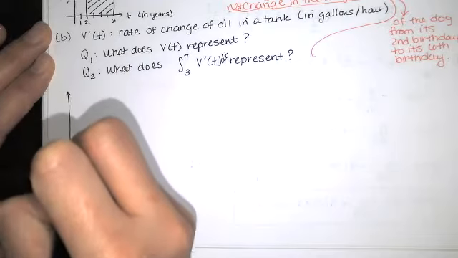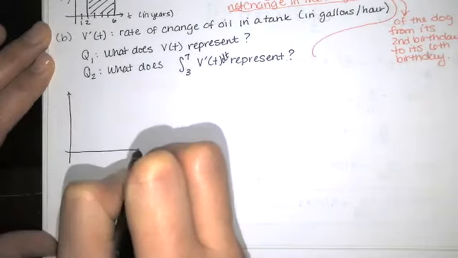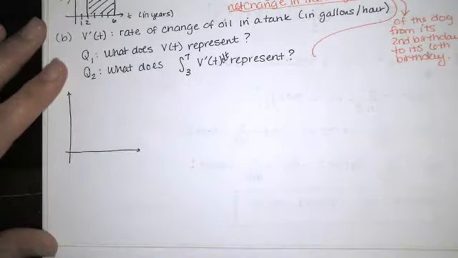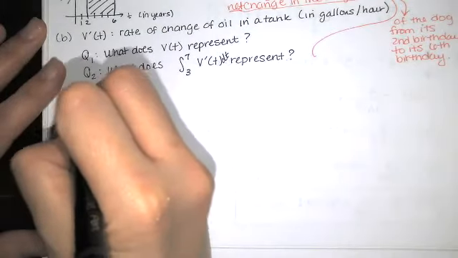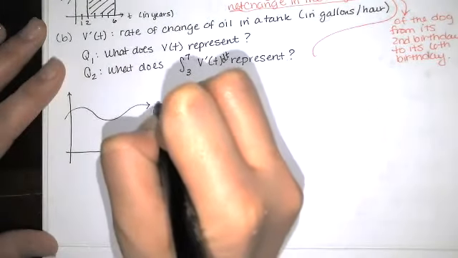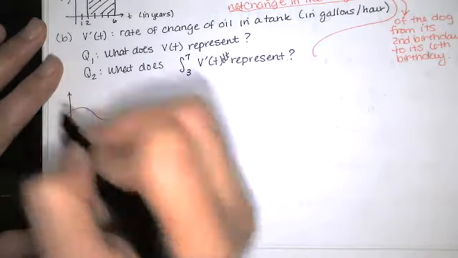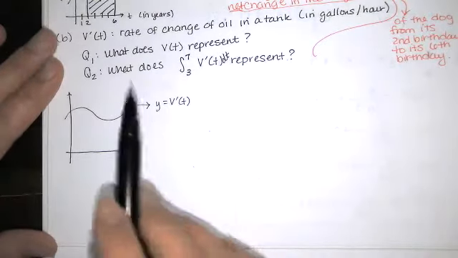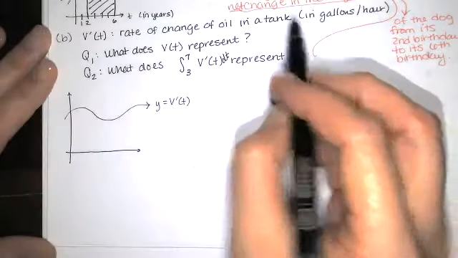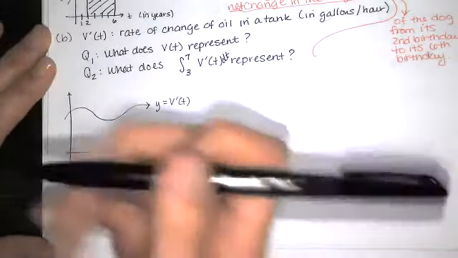I'm going to draw it with a positive rate of change, but just going to make v of t positive for our cartoon over here. So this is y equals v prime of t. And this is rate of change of oil in a tank in gallons per hour.